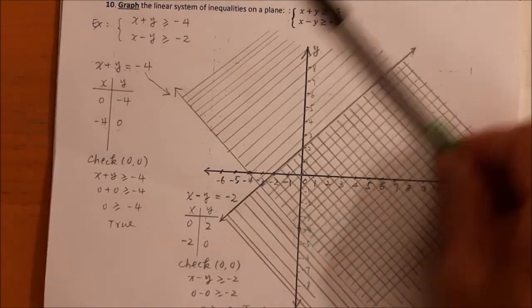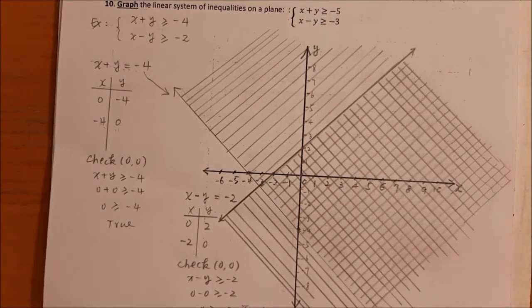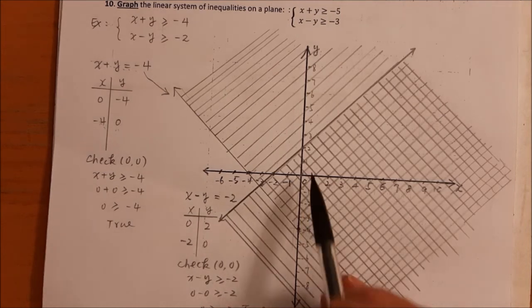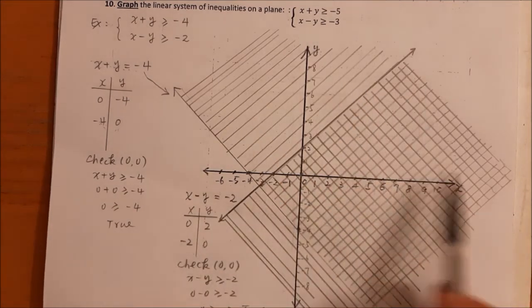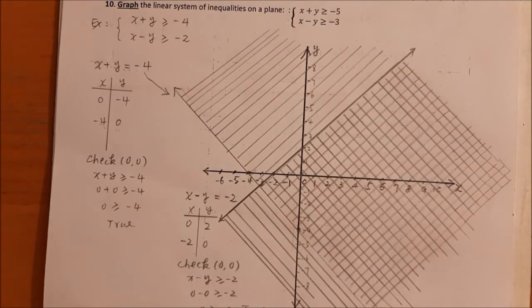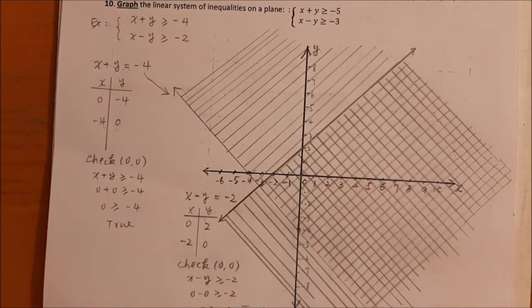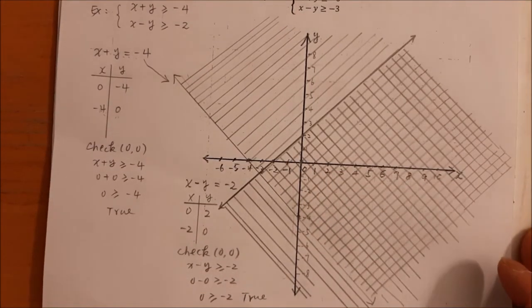One side is greater than -4, the other side is less than -4. We have to decide which side. So how to decide? We use one point. Any point not on the line is okay, but use (0, 0), the origin, easier to calculate.